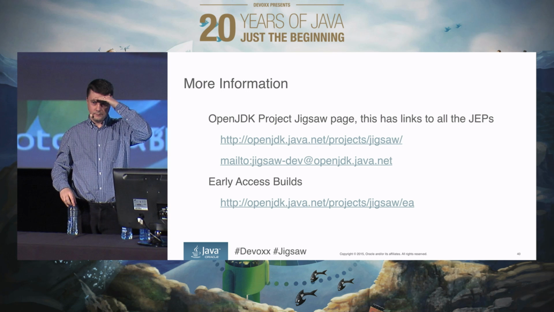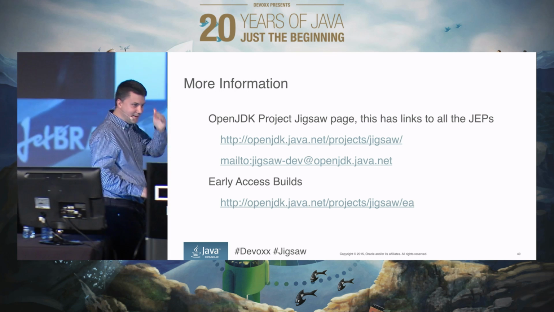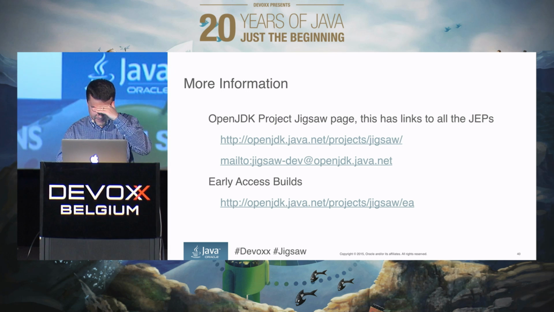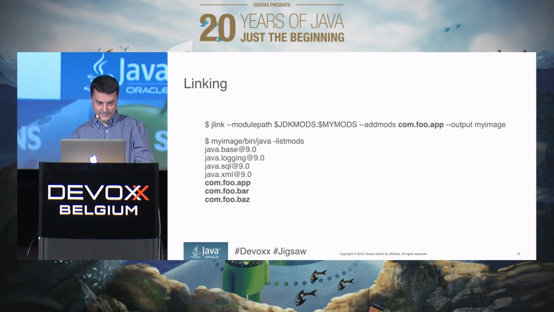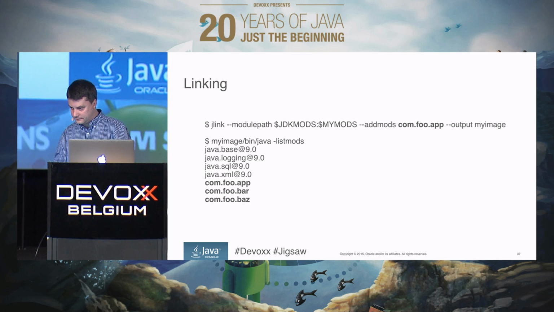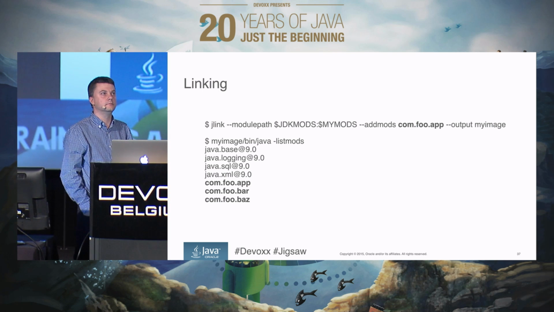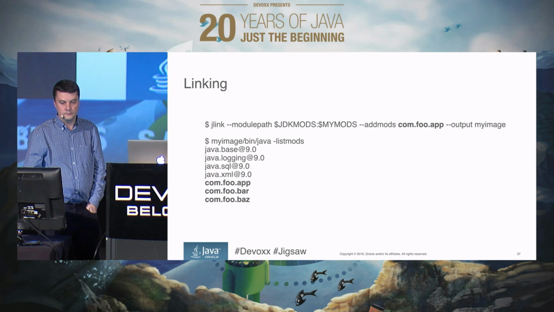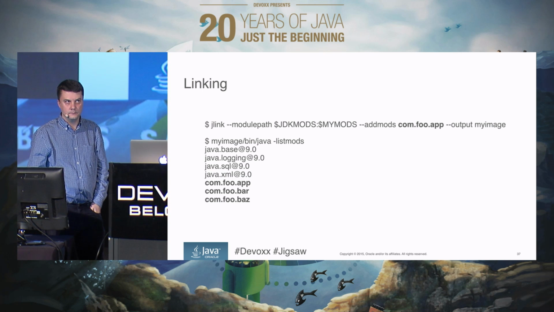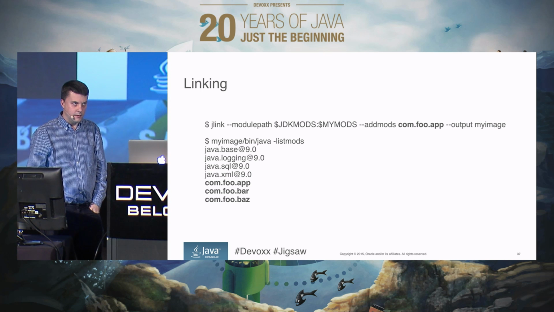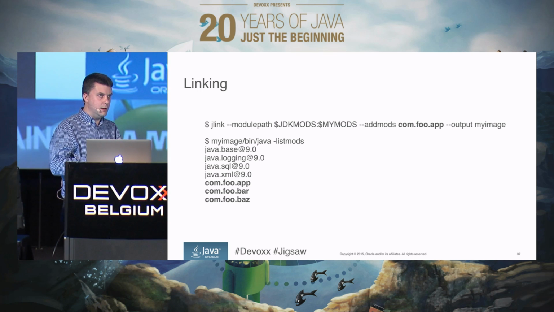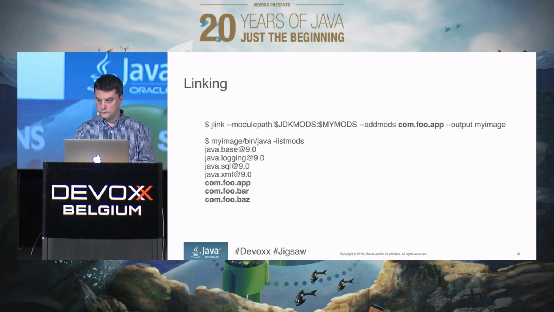Can you please go back to slide 37? The linking one? Yes. If you look at the list of the modules, you see the @9.0 behind the JDK modules. The @9.0 is not part of the name of the module, right? Because I don't see it behind the custom modules.